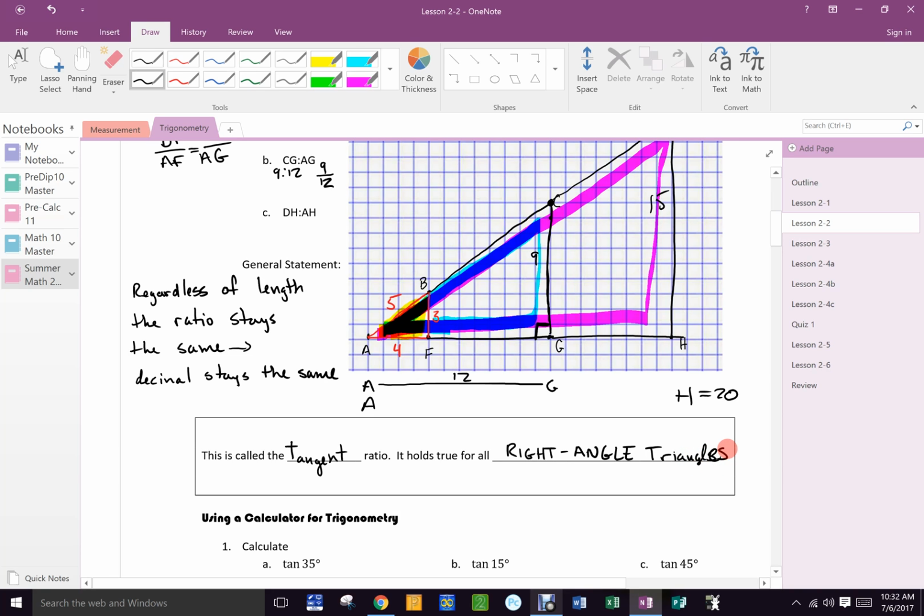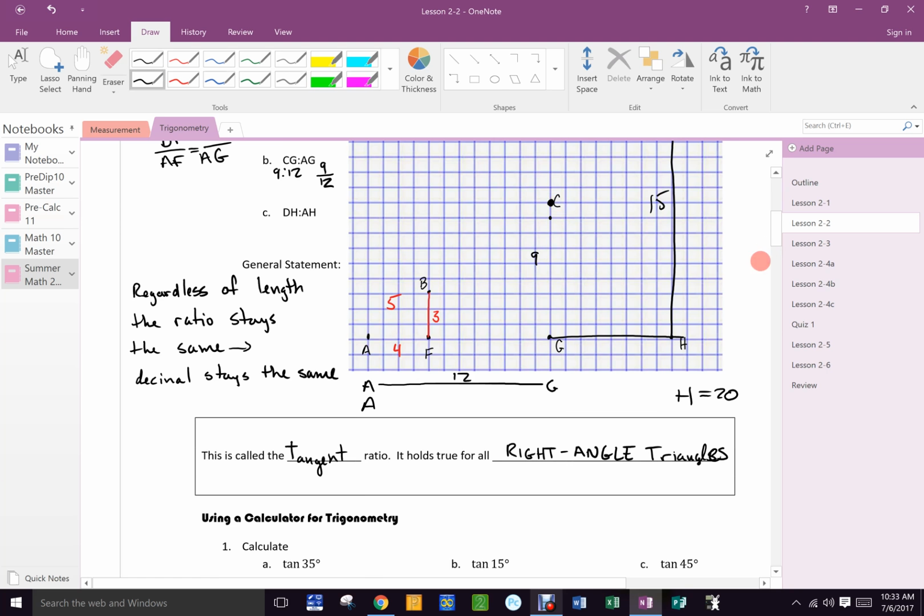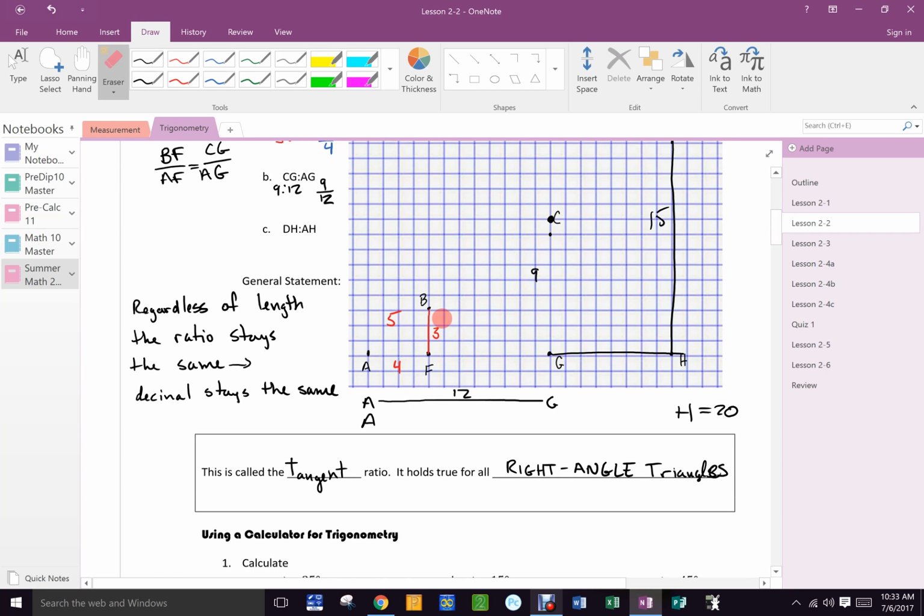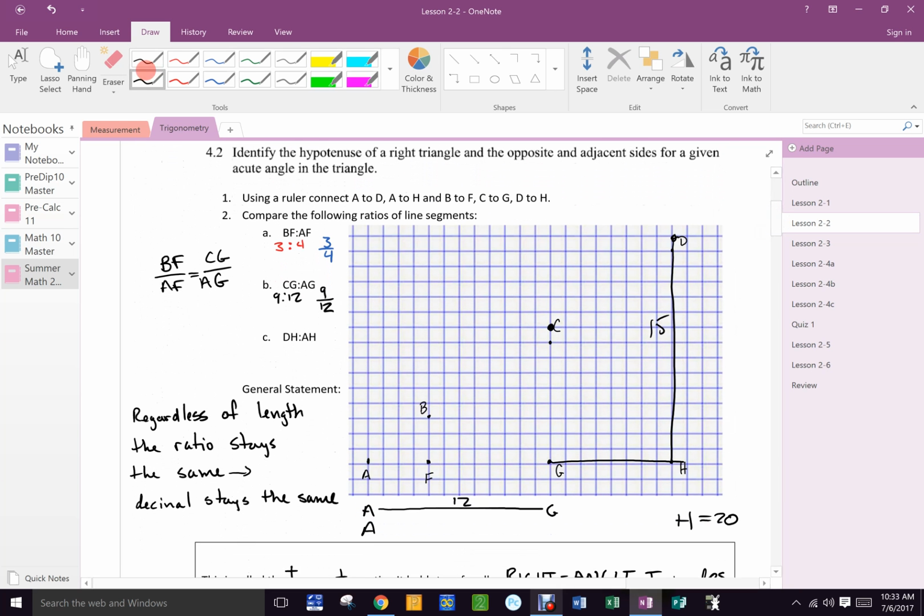And what is that ratio? I'm going to erase some of my ink here, and I'm going to only keep the biggest triangle. All right, so this is a right angle triangle, yes?